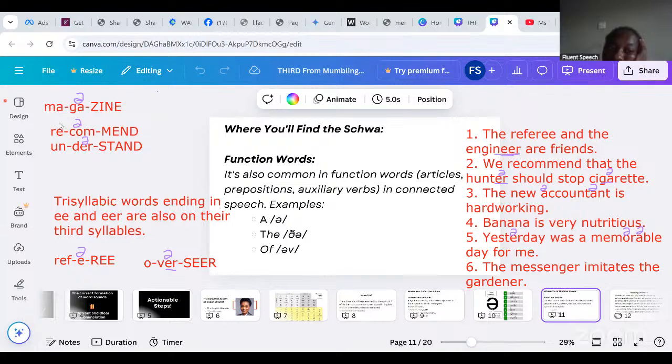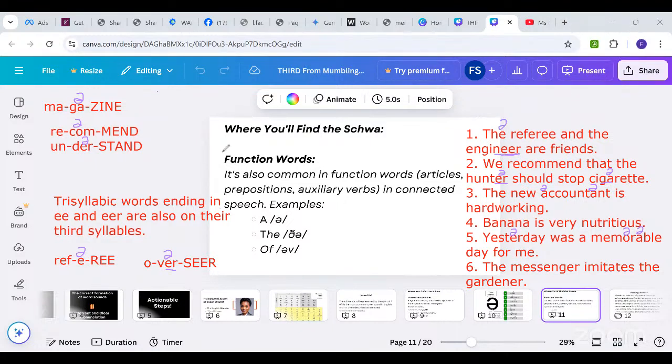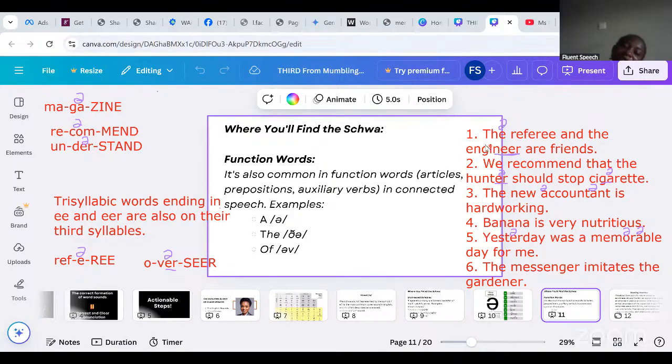If you have a sentence where the next word after THE starts with a consonant, the vowel will be reduced into a schwa. That is because the next word after THE is a consonant.